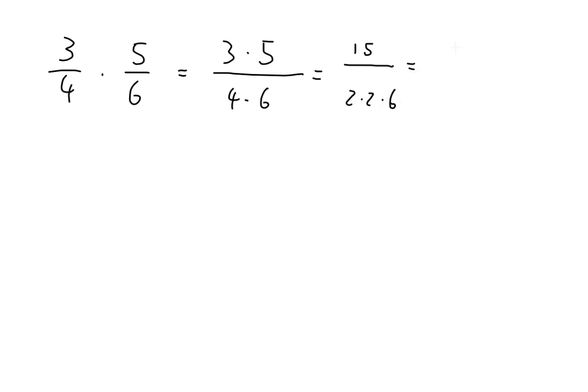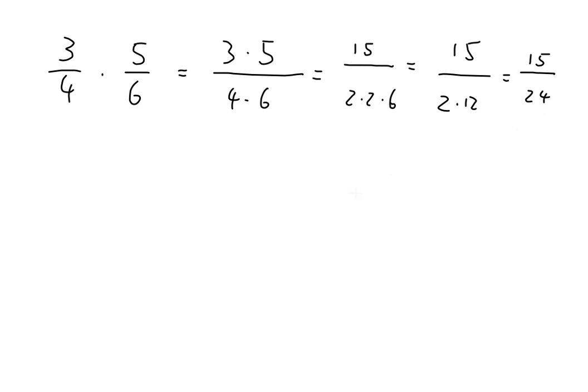It's a little bit more complicated, but you can multiply 2 times 6, which is 12, and you can also have 2 times 12, which is 24.